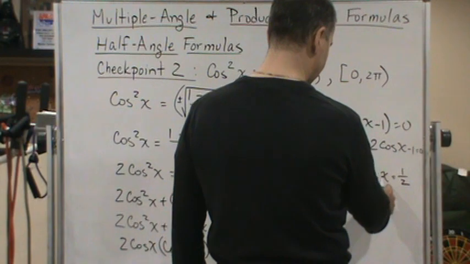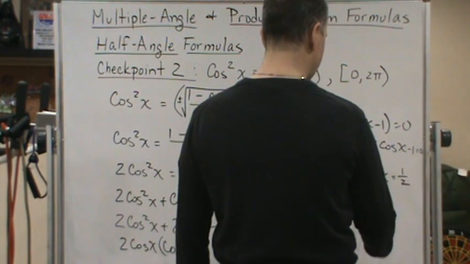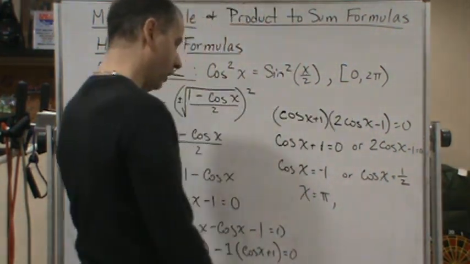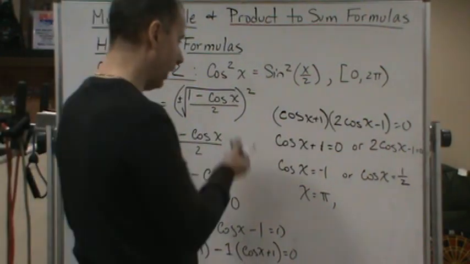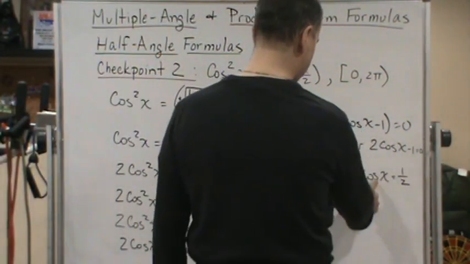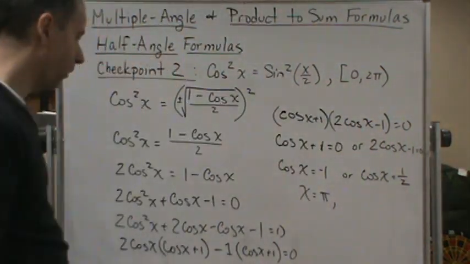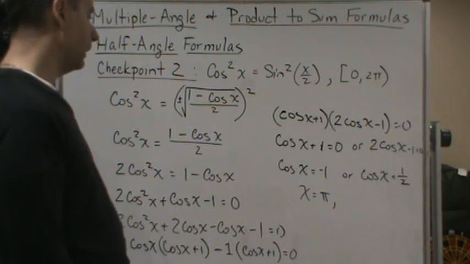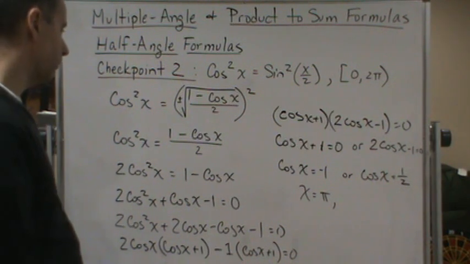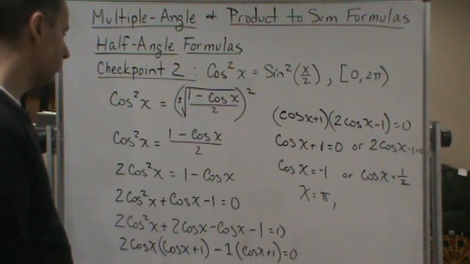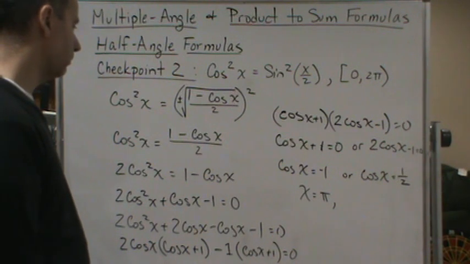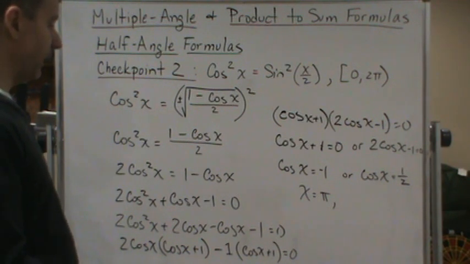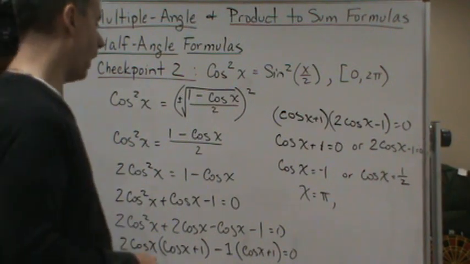Well, when is cosine x equal to 1/2? Well, again, cosine is positive. Cosine is positive in the first and fourth quadrant.